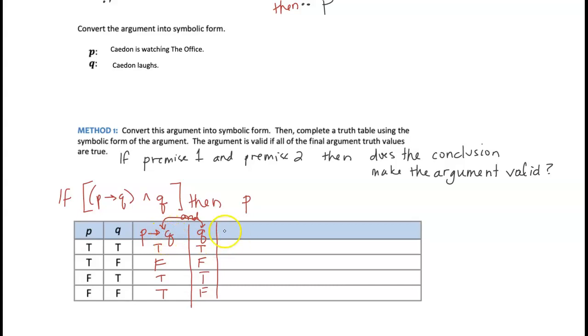So connecting them, P implies Q and Q. Remember that true and true is true, and you need to have both of them true. False and false would be false. True and true is another true, and true and false is false.